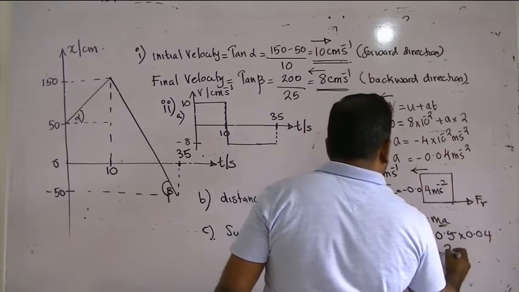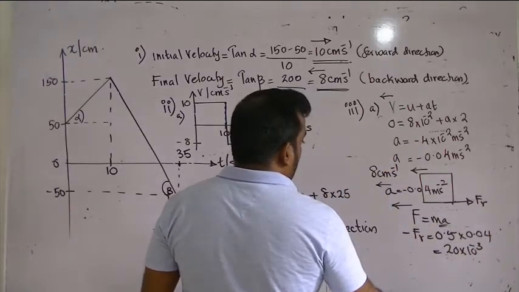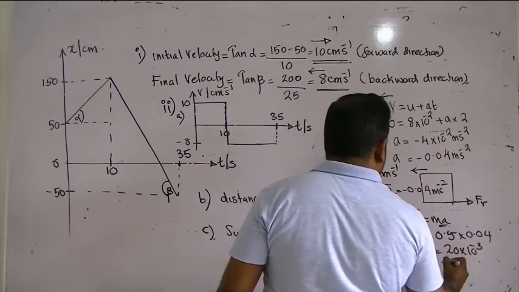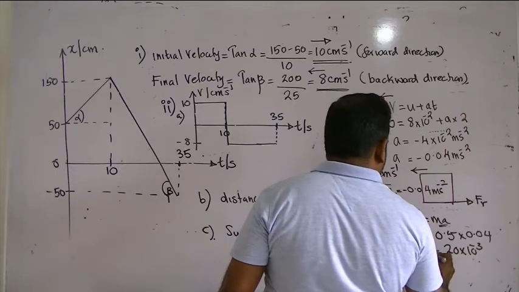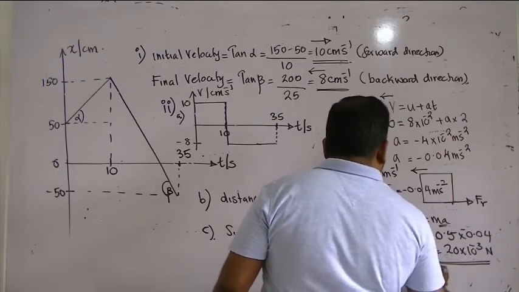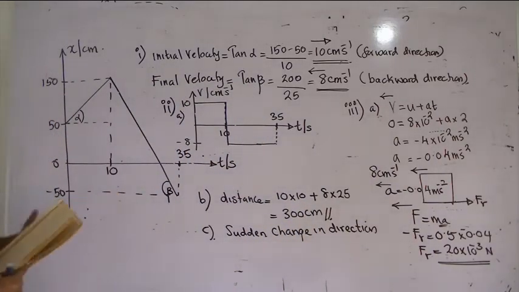Simplify it: 20 times 10 to the power minus 3 Newton, so the friction force is 20 times 10 to the power minus 3 Newton.